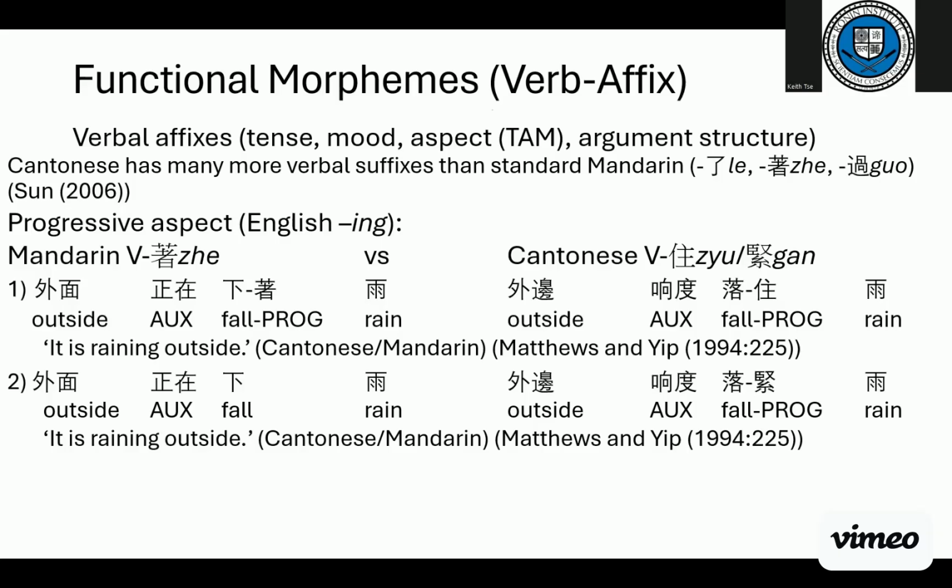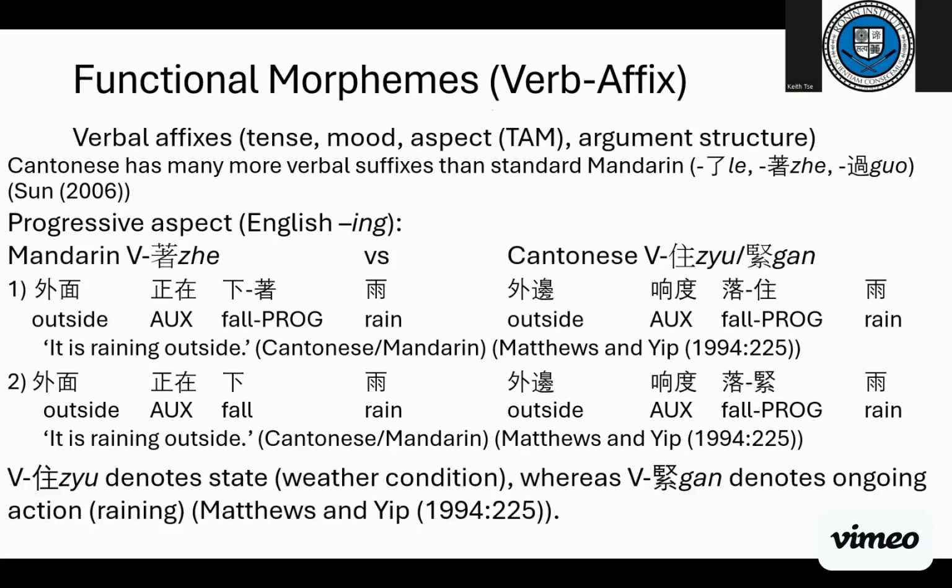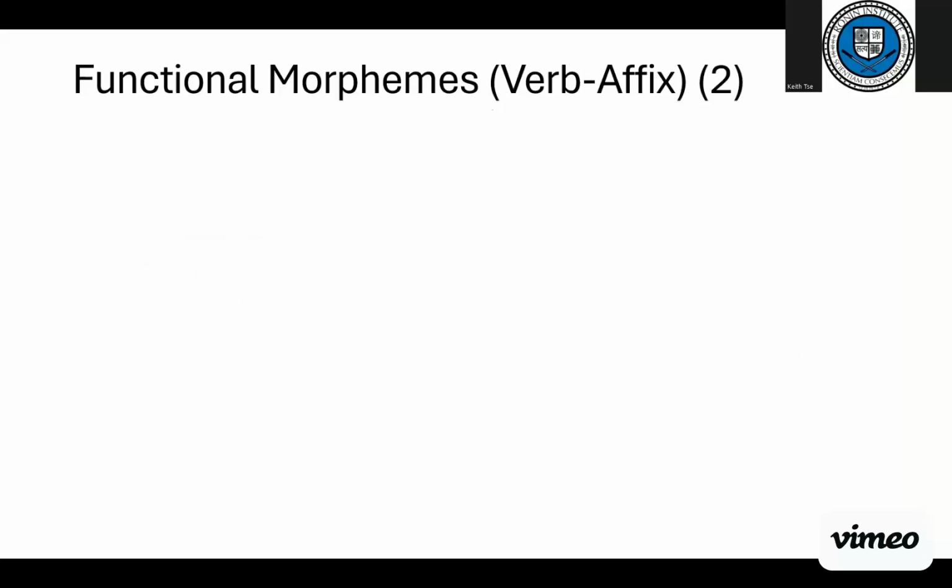And there's no equivalent in Mandarin for this, so we would have to leave out the verb ending here. The difference between ju and gan is that ju denotes state, whereas gan denotes ongoing action. So in this particular example, 外面落住雨, this is the weather condition, whereas 外面響度落緊雨 denotes the ongoing action of raining. Okay, so this is well known.